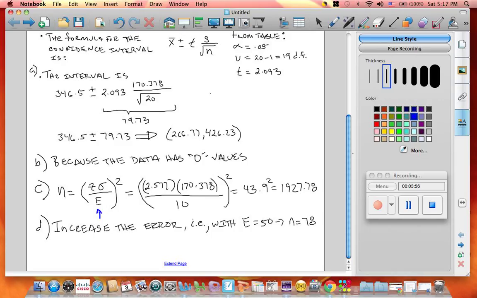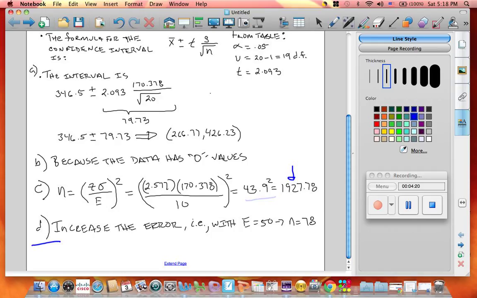So it's a matter of plugging in the numbers again. For a 95% confidence interval, z equals 2.577. That's for 95% confidence. All right, so we do the math. It comes out to 43.9. We square that, and it should be 1,927.